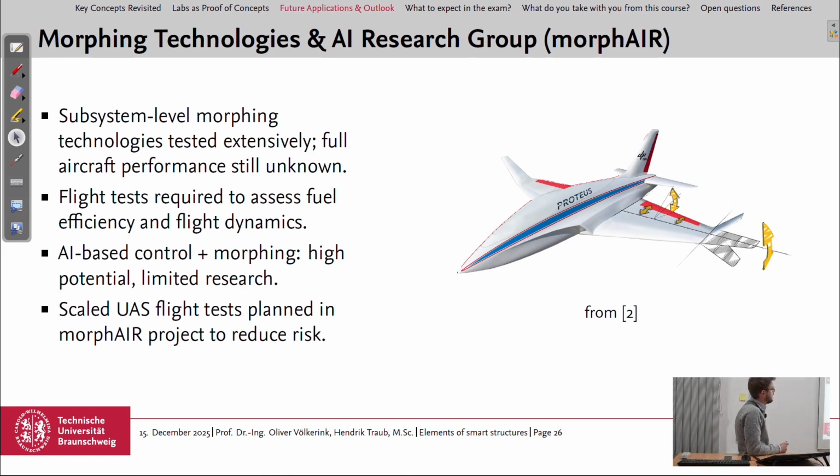So the first example is the project MorphAir from the Morphing Technology and AI Research Group, and the goal was to really show the efficiency of smart structures in flight test, because there was already a lot of subsystem level testing of morphing technologies, but not in flying aircraft or flying structures.